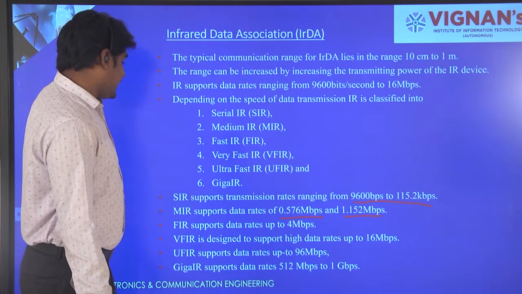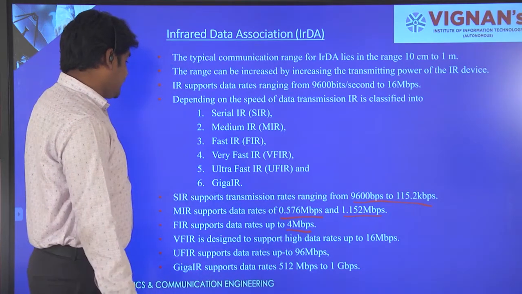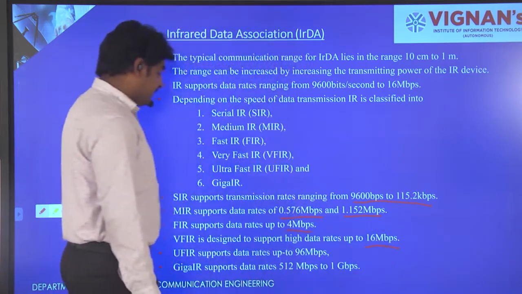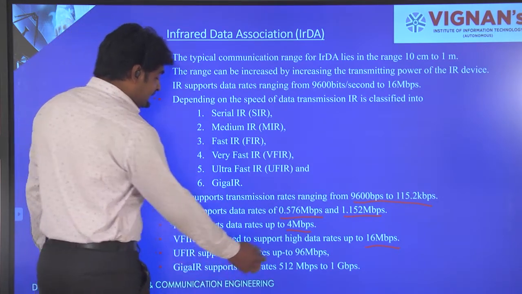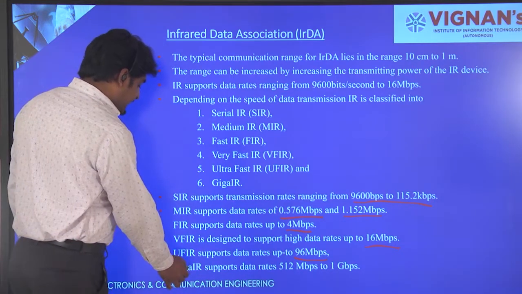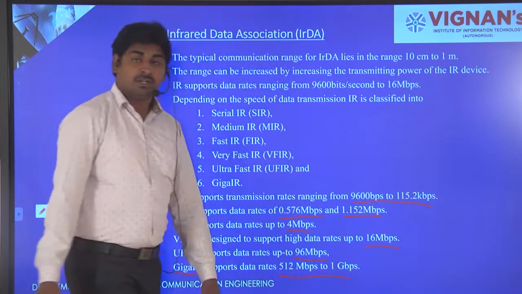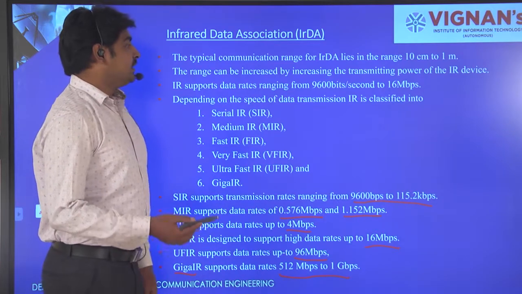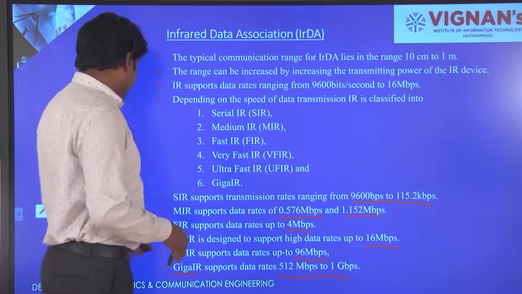Fast IR has data rates up to 4 megabits per second. Very fast IR has a data rate up to 16 megabits per second. Ultra fast IR has data rates up to 96 megabits per second. Giga IR supports data rates from 512 megabits per second to 1 gigabit per second. So depending upon the speed of data transfer, IR can be classified into these types.